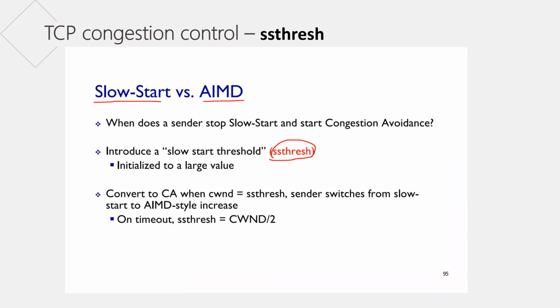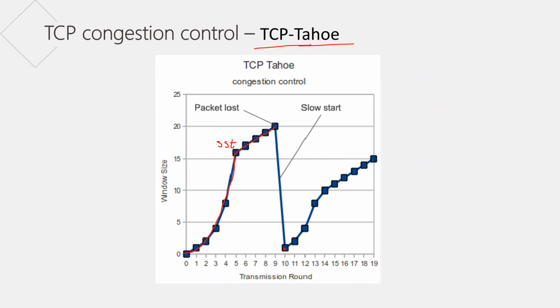In here you can see the slow start threshold is set to, let's say, 16 at the first stage. And then a congestion event happened at 20 here. So we will set the slow start threshold as 10 in here, 10 in here, right? So you can see that's how it works.